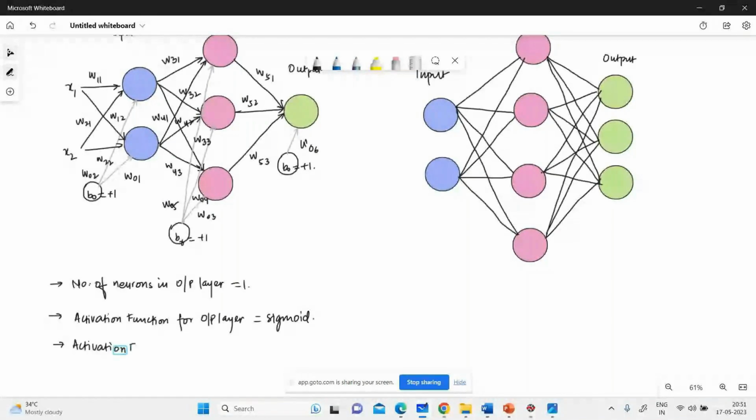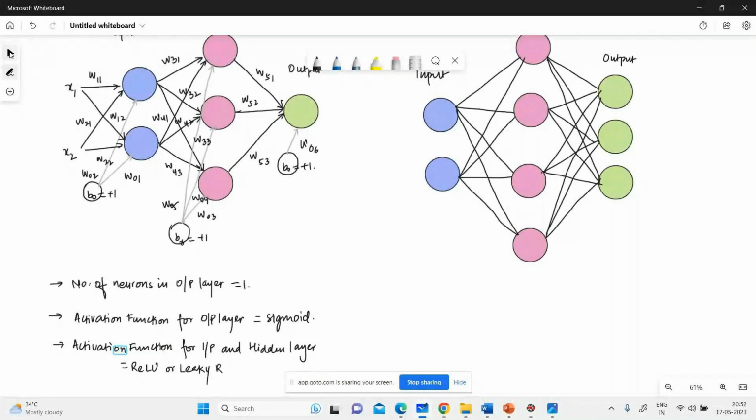The activation function for the input and hidden layers will be equal to rectified linear unit, or leaky ReLU. I'll explain what leaky ReLU and ReLU are as we go through the theoretical concepts more.